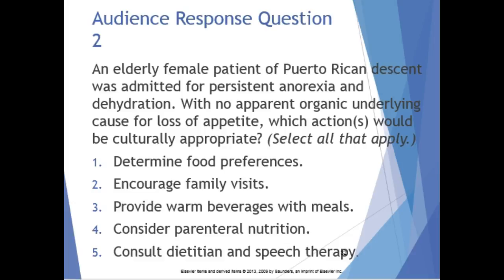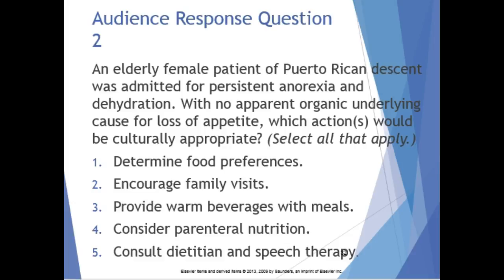Number 2: an elderly female patient of Puerto Rican descent was admitted for persistent anorexia and dehydration, with no apparent organic underlying cause for loss of appetite. Which actions should be culturally appropriate? Select all that apply.